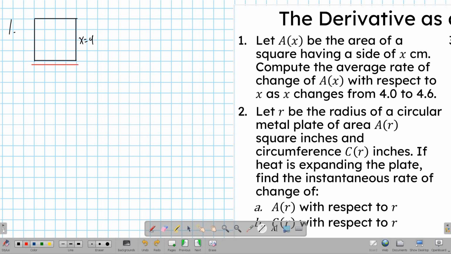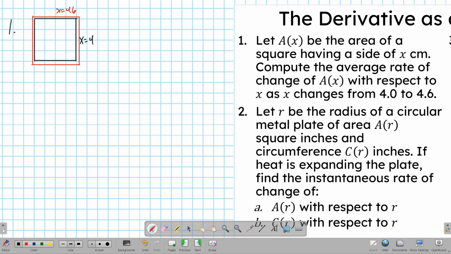So from the black box, which has x equals 4, to the red box, which has x equal to 4.6, how much is the average rate of change? The drawing is not drawn to scale, I'm not good at drawing. So how much would be the average rate of change? How fast or slow on average did that change happen?